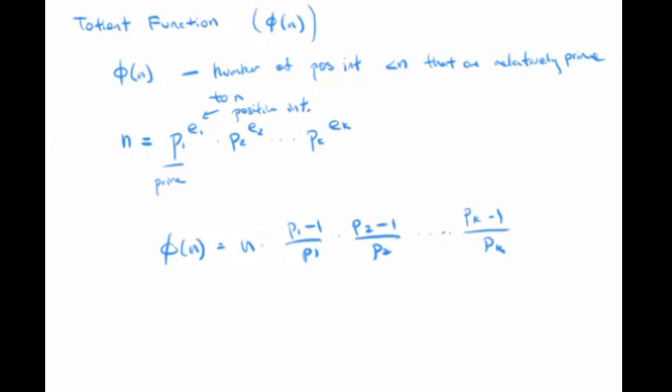We get a general intuition of this formula because, well, this many of the numbers are going to be relatively prime to P1. Then we have this fraction of the numbers relatively prime to P2, and so on.